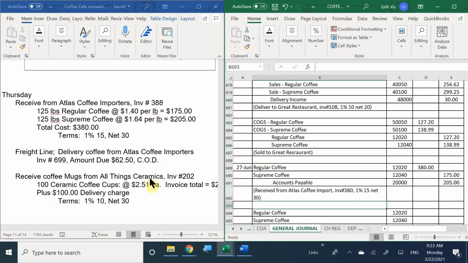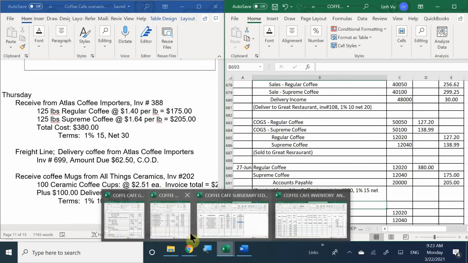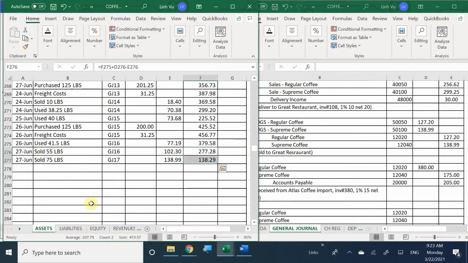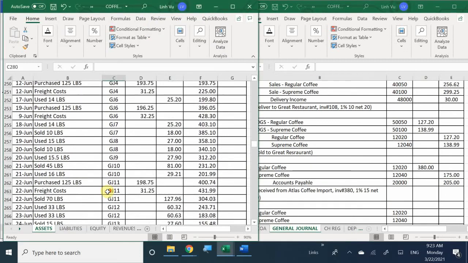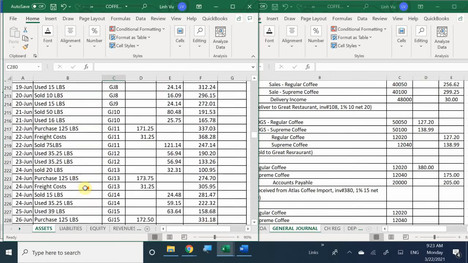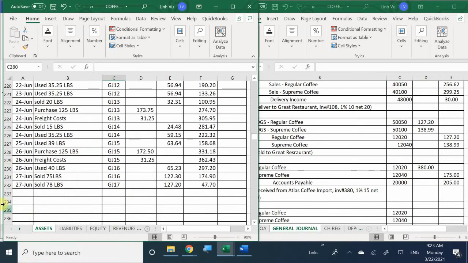So what's next? Ledger. Okay, since we're already here from the previous one, my regular coffee, how many pounds did I purchase? 125.